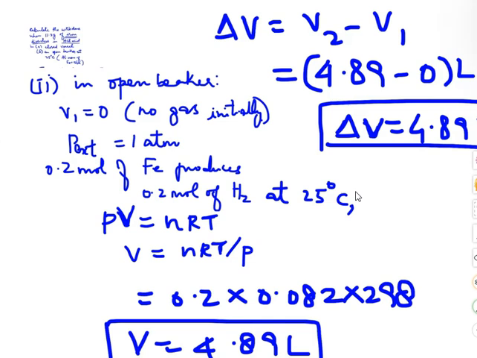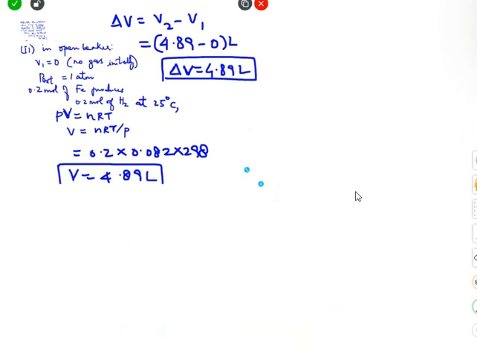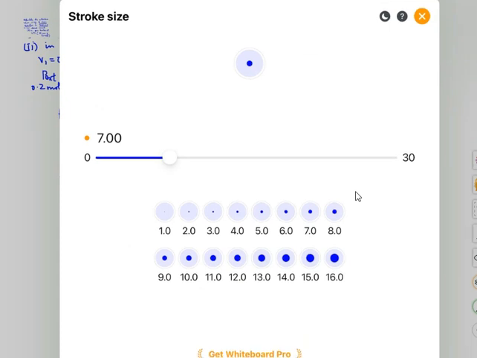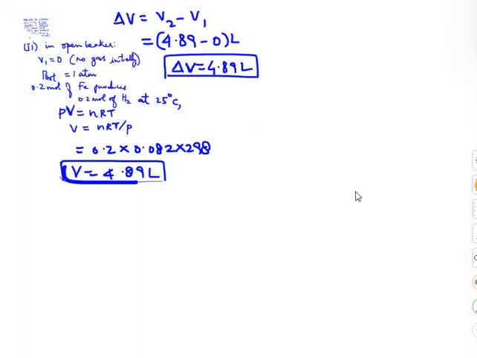The reaction has not happened yet. Only the reactants are present, so how will there be any gas? At t equal to 0, no product would have been formed.